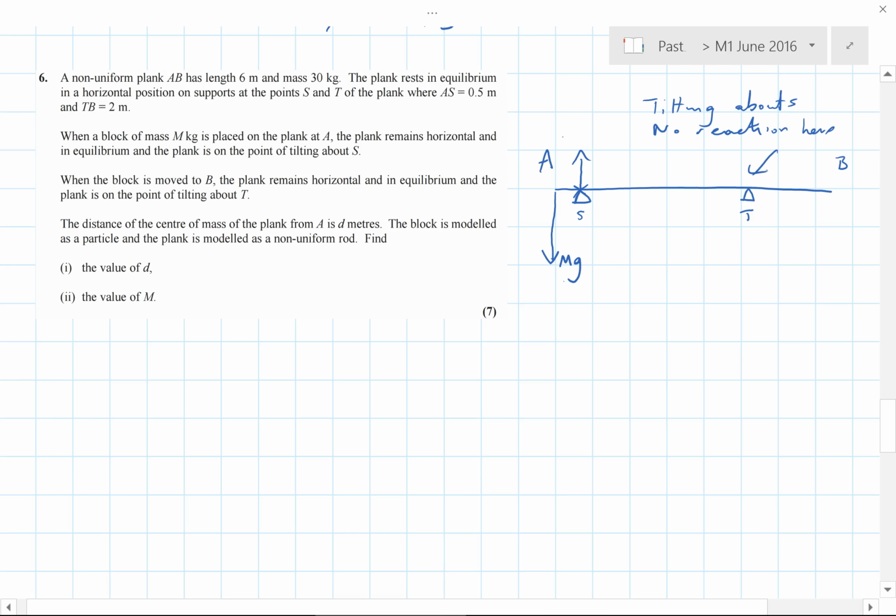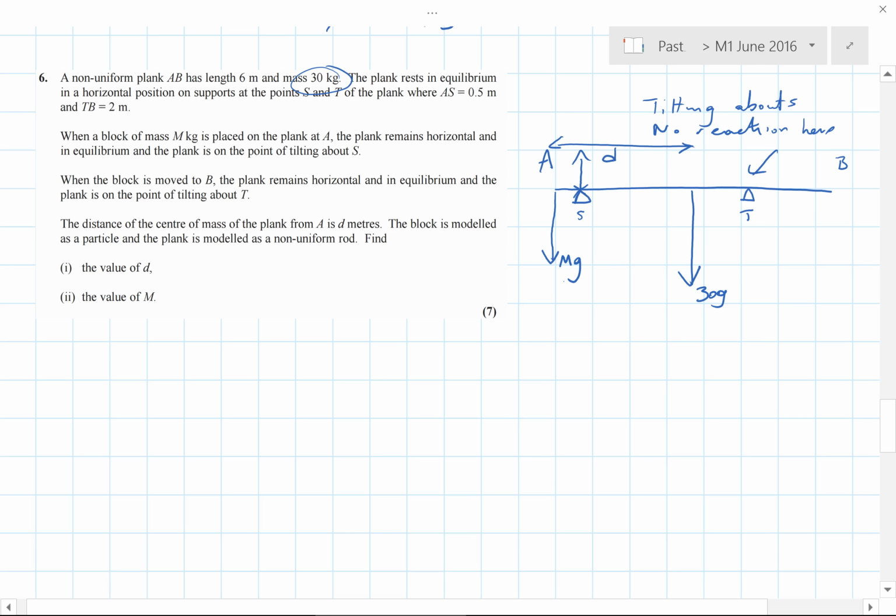We know the mass of the rod is 30. Let's just mark the centre of mass here, 30g. And we've been asked to find, but we're given the label for, the centre of mass, which is d from A.